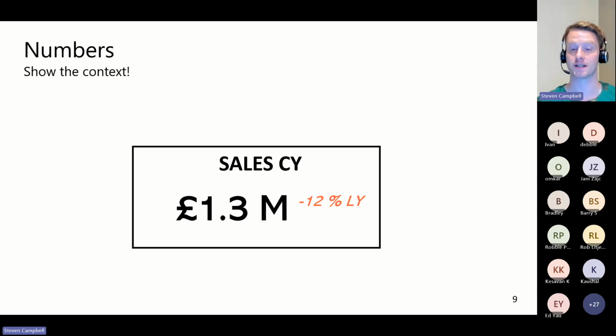Maybe they're tracking specific targets. So you need to understand how they're using it so that we can add the appropriate target. Already, I can see that this is 1.3 million and we're down 12% on last year. This is just made up numbers, right? And I already know that, in context, we're probably not doing as well as we should. And I kind of know the volume and the scale. So really understanding how your end users are going to be using this.